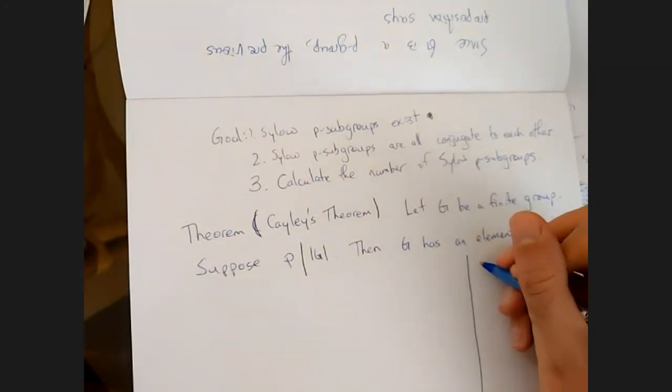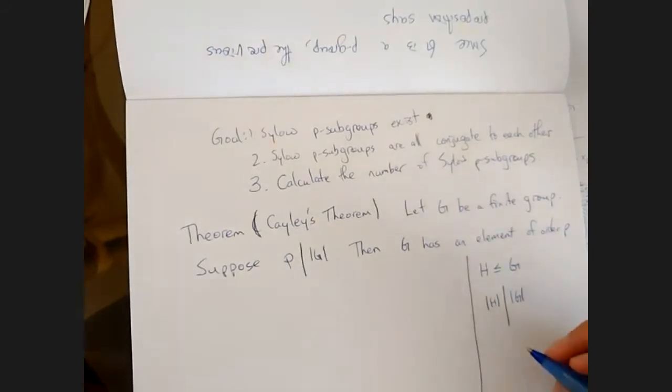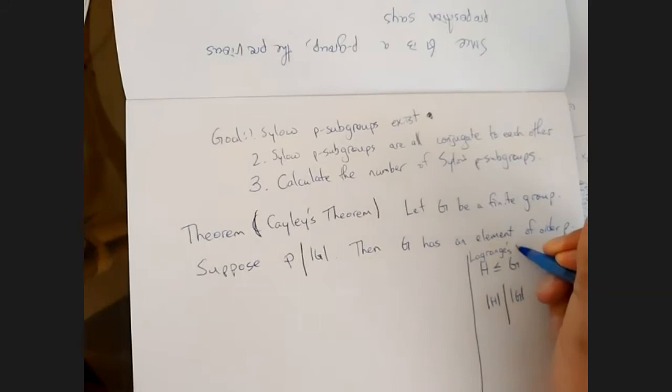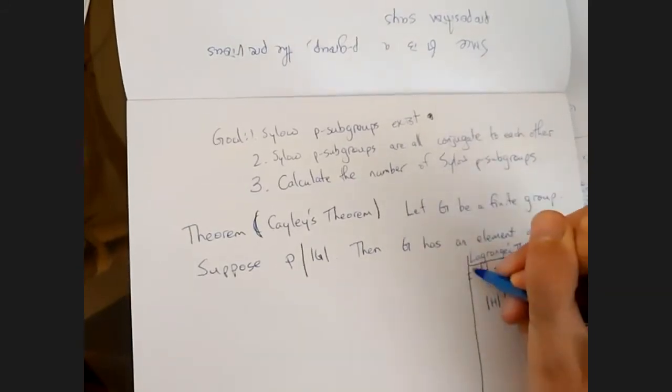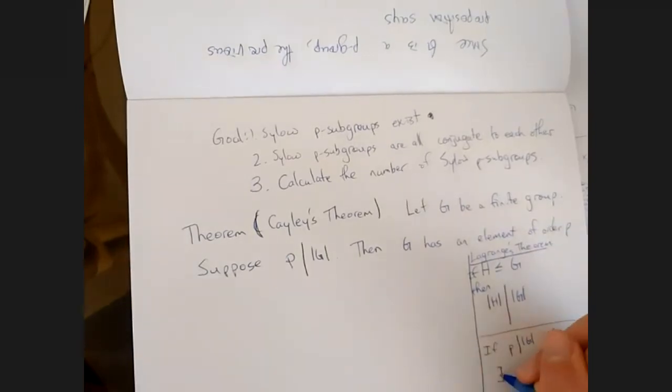Lagrange's theorem says that if H is a subgroup of G, then the order of H divides the order of G. And now we're saying that if a prime divides the order of G, then there exists X with the order of X equal to P, and then that X will generate a subgroup of order P. So this is like the reverse order: you start with a divisor of the order of G and you get a subgroup of that order.